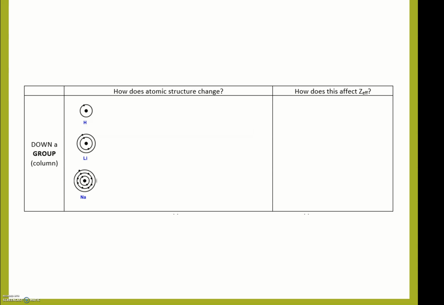Going down a group, we notice that, for example, hydrogen, lithium, and sodium all have one valence electron. I wonder what's going to happen with this then. Well, something important to understand about effective nuclear charge is that it is calculated in this way, and I highly recommend that you jot this down so you can calculate it properly.